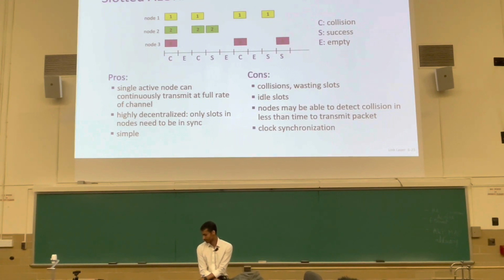Slot 4 is successful. So amongst the first 9 slots here, slot 4 does something useful, slot 8 does something useful, slot 9 does something useful. So 3 out of 9 slots are doing useful work, meaning exactly 1 node transmitted in that slot, which is our goal, right?